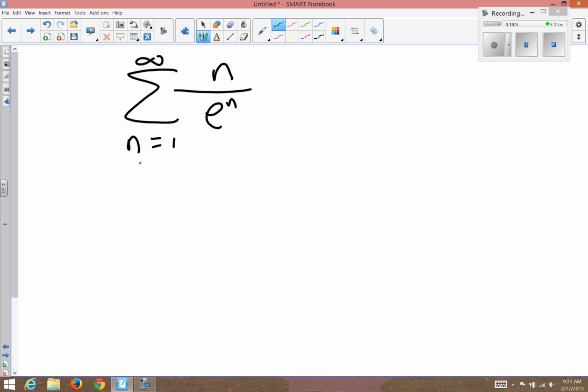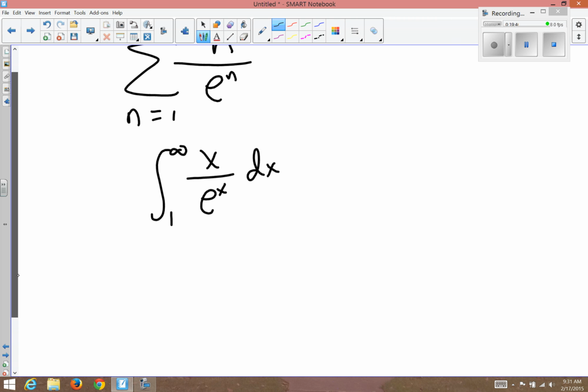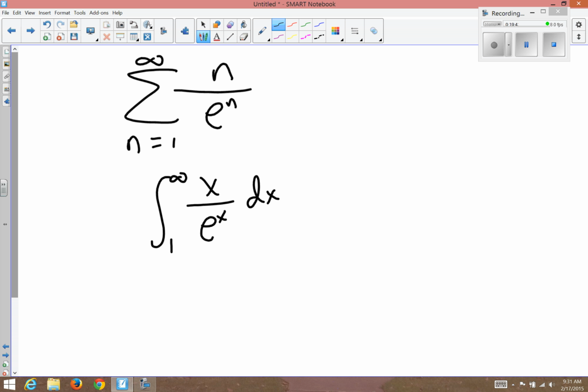Change the sigma to integral. Make all the n's x's. Don't forget the dx, 1 to infinity. We now have an improper integral. Two things here, an infinite series and an improper integral. The integral test says both of these things either diverge or they both converge.